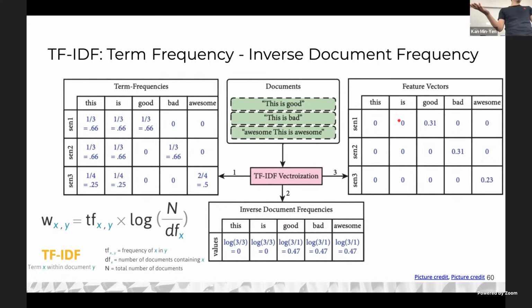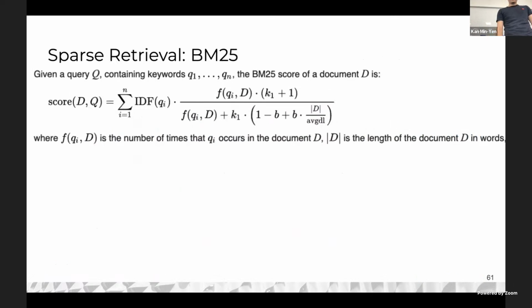Let's say we have maybe 50,000 vocabulary, and one sentence maybe just contains 10 or 20 words. So most of the words don't appear in a sentence. That's why for these vectors, most of the entries will be 0. And that's about TF-IDF. Next we are going to go into BM25.